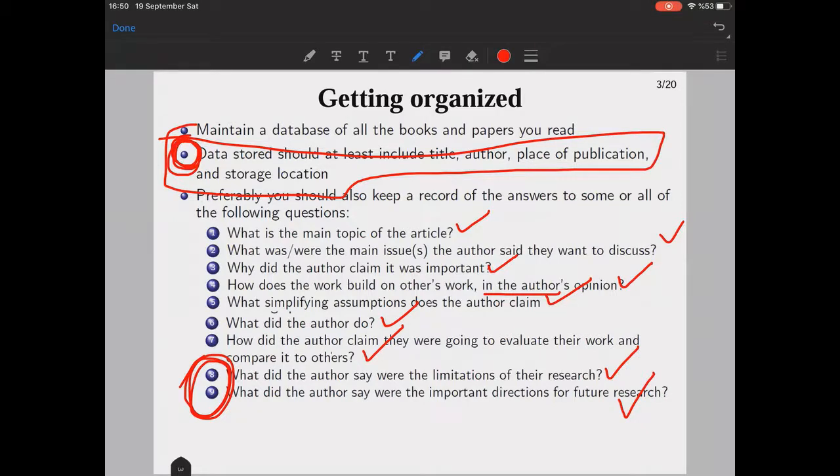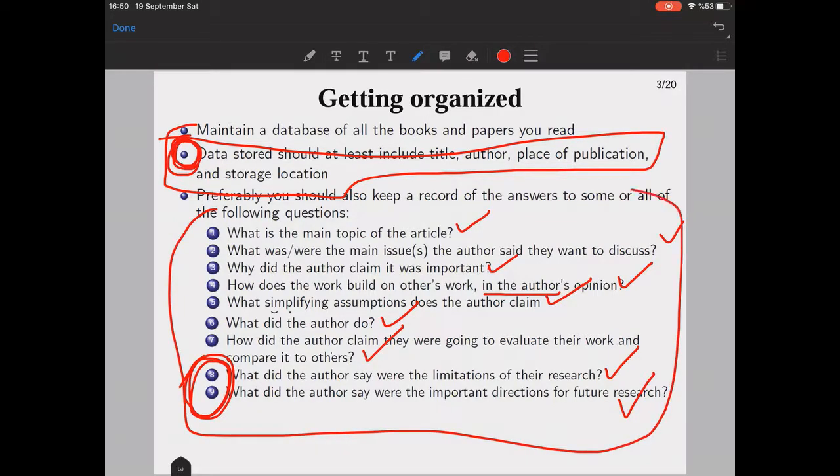But if you have a detailed summary of each paper like this, you will most probably not need to read the same papers over and over again. You can just refer to your summaries about those papers.